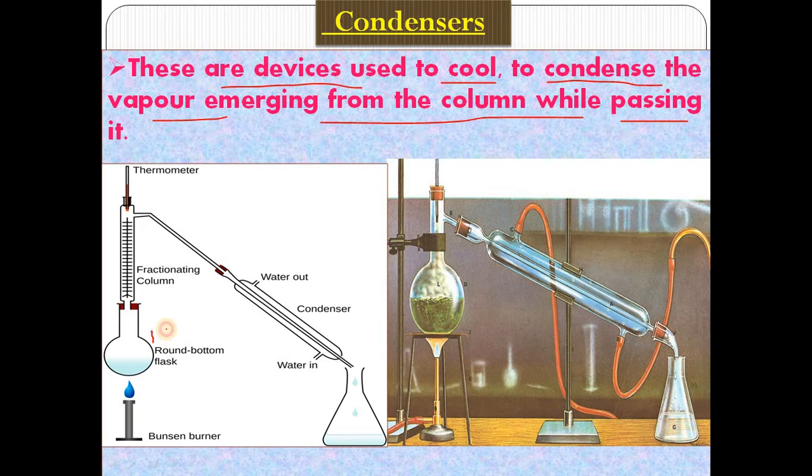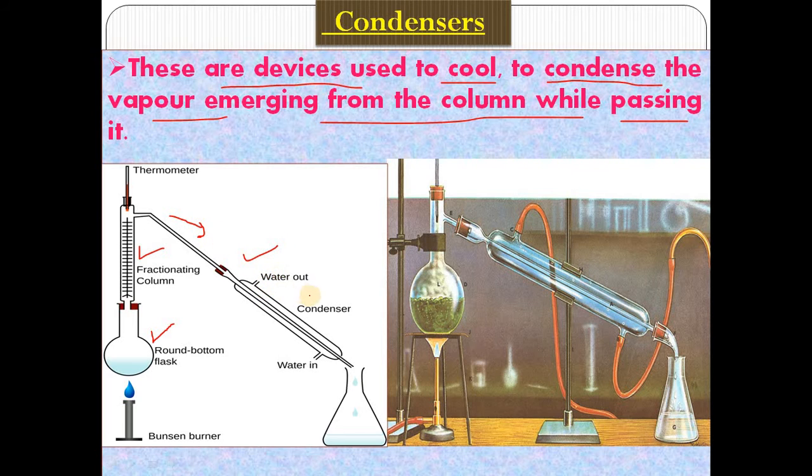Suppose this is a reboiler or round bottom flask, and from that round bottom flask two liquids are taken, and after heating we get the low volatile component first. That component passes through the fractionating column in the form of vapor, and the vapor then finally goes into the condenser.